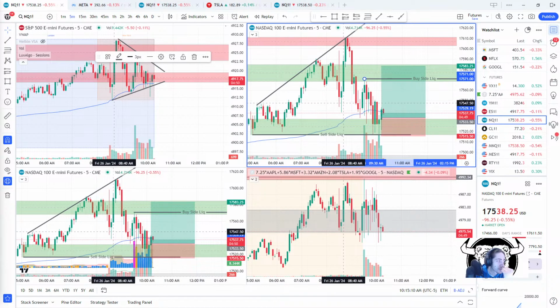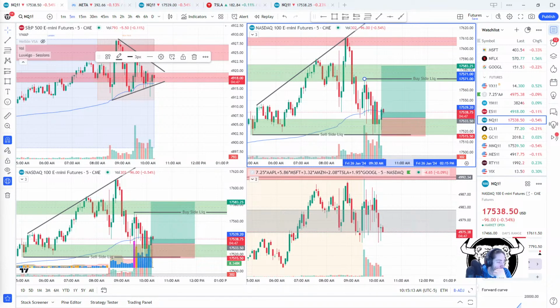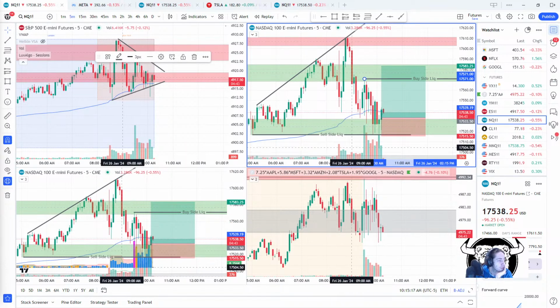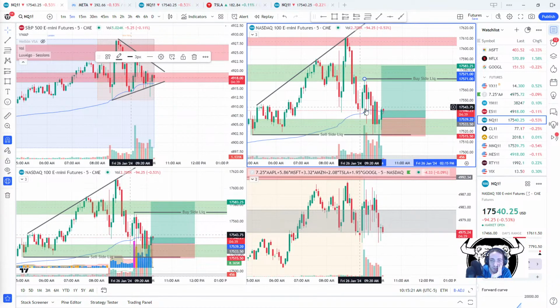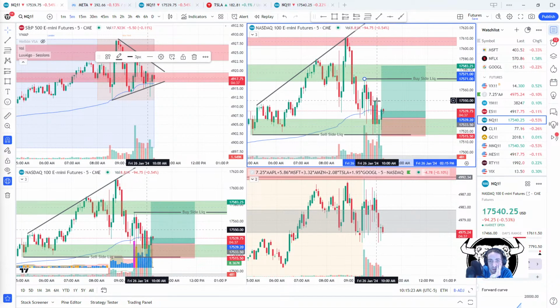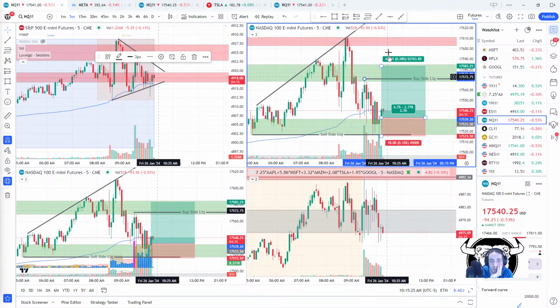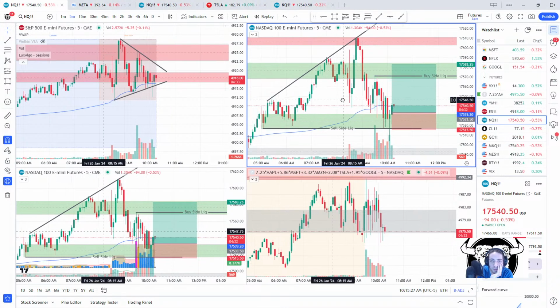I'm a little uncertain if we're going to continue trend here because of how crappy the market's been. I'm going to stay in these longs, but look at these. We're just lower high, lower high, lower high, lower high. Really need a strong push, really need good volume here.